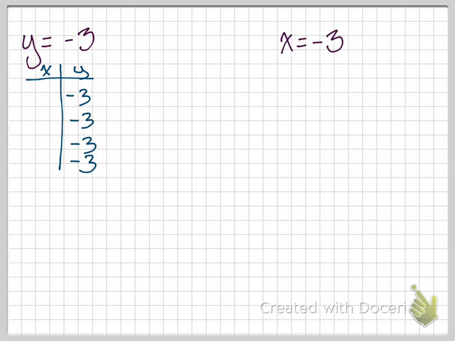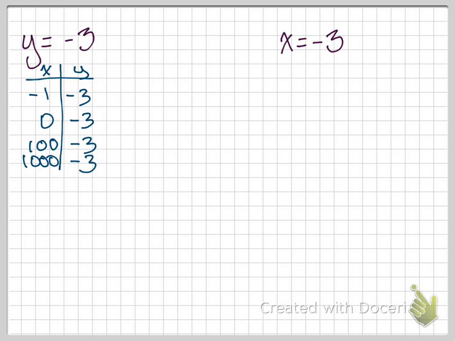And I could put anything for x, because it doesn't matter, okay? I could put -1, I could put 0, I could put 1,000. I need a little bit more room for my zeros. Doesn't matter. My y values are always -3.